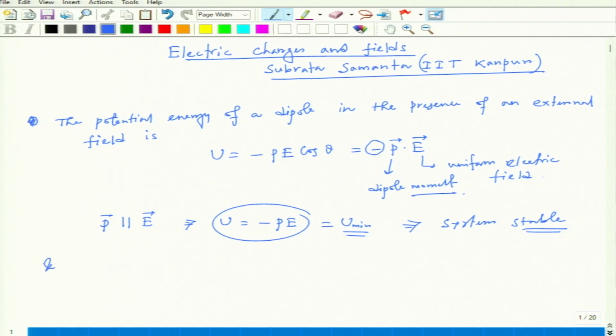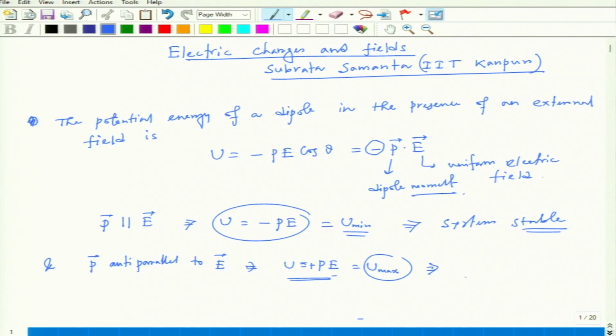In the opposite case, when p is anti-parallel to the electric field vector E, then U is +pE. This is the maximum value of U, so the system is unstable.